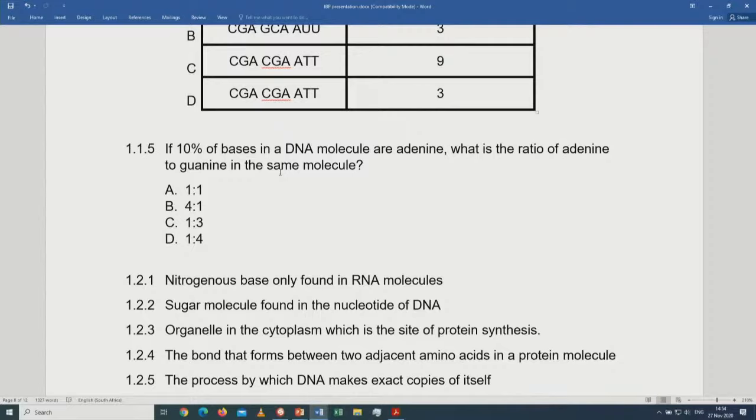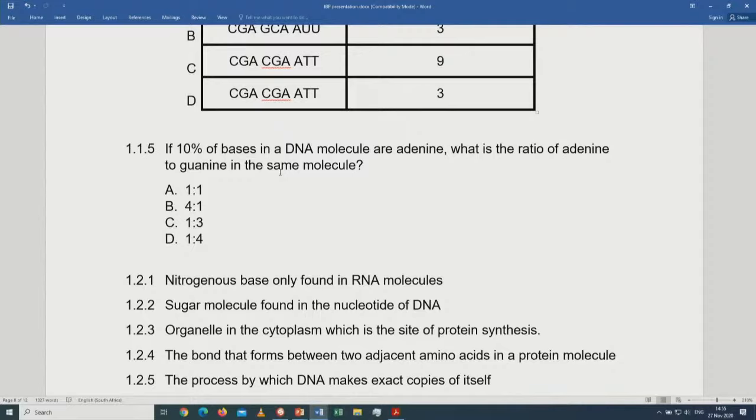of bases. Now we are left with guanine and cytosine. And we know that the ratio of guanine to cytosine is 1:1. So now we have 80% of bases. So half of 80% will be 40%.